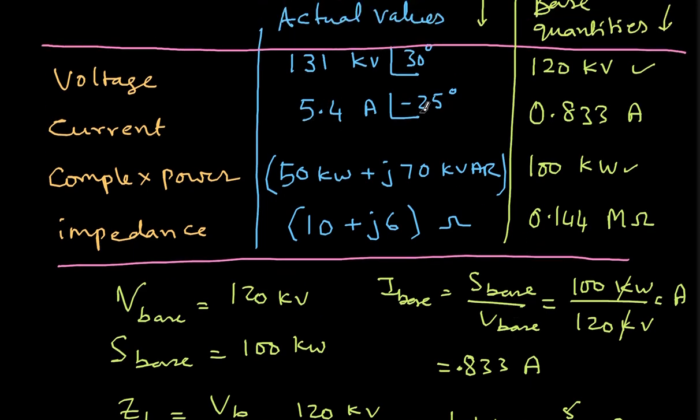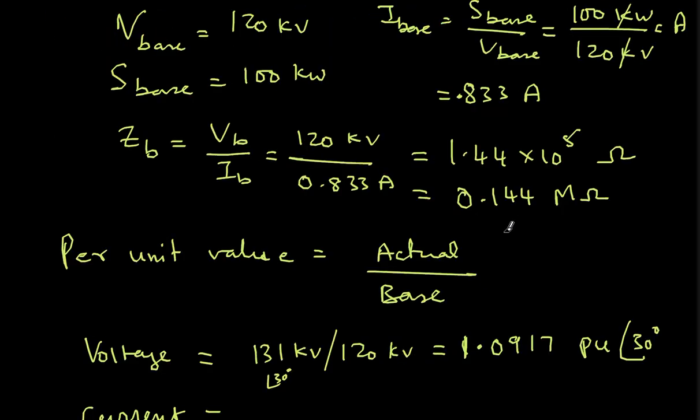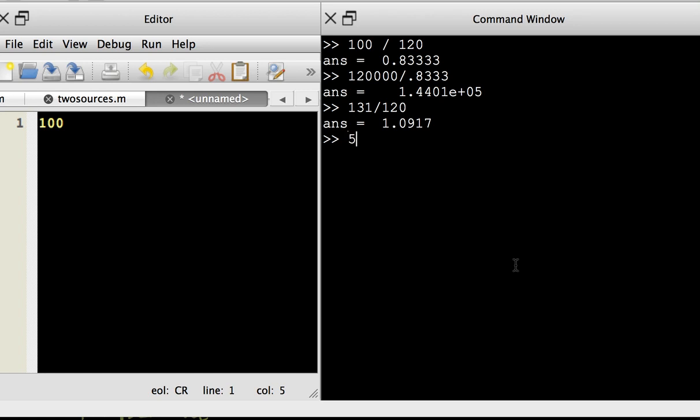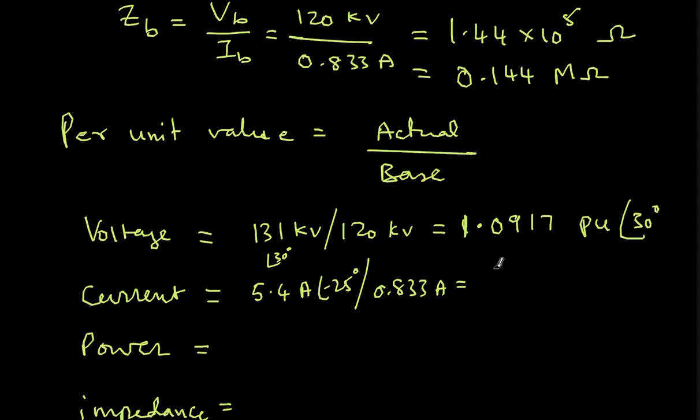So 5.4 amperes angle minus 25 degrees divided by 0.833 amperes. Again I'll get the current in per unit. 5.4 divided by 0.833 is 6.48 per unit angle minus 25 degrees. So this is the current.